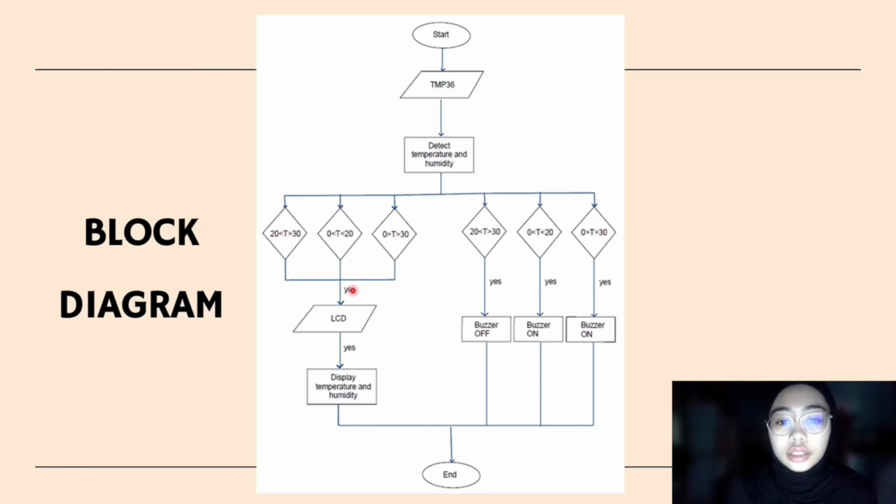So all these are the conditions that we have set, and if it meets this condition, it will go yes and display the result at the LCD, and then on the LCD it displays the temperature and humidity. For these other conditions, if all yes, then this one buzzer will be off, this one buzzer will be on, and this one also buzzer will be on, and then end. Our simulation is over.